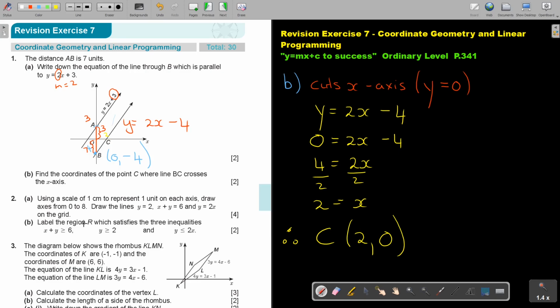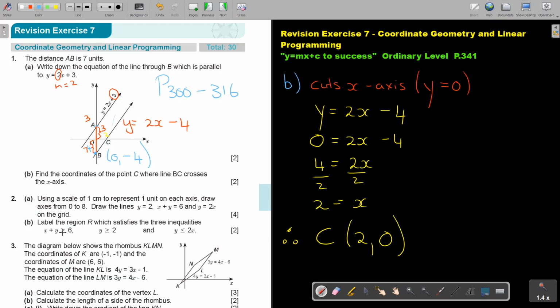Now this is going to linear programming. Can I just give you the pages where, if you want to revise, in your textbook, you can go to page 300 to 316. Just go through those blocks and refresh your memories on coordinate geometry. But this, using a scale, draw the lines, label, this is linear programming.